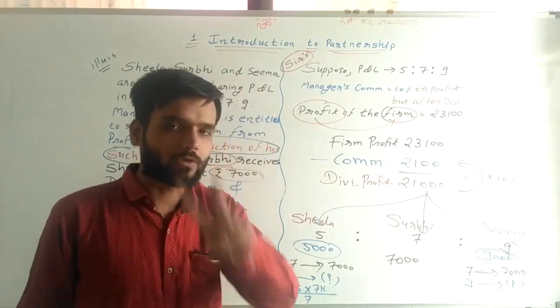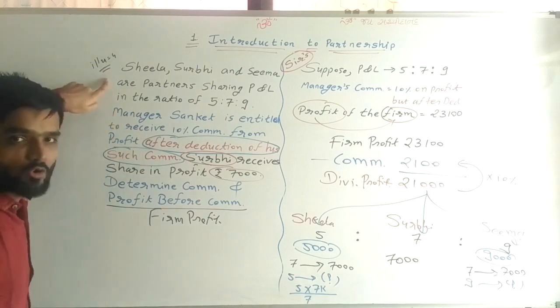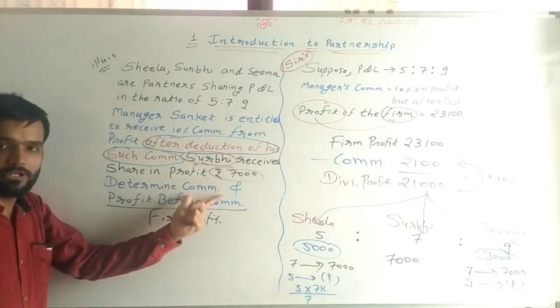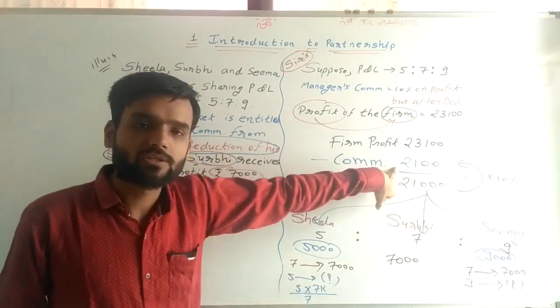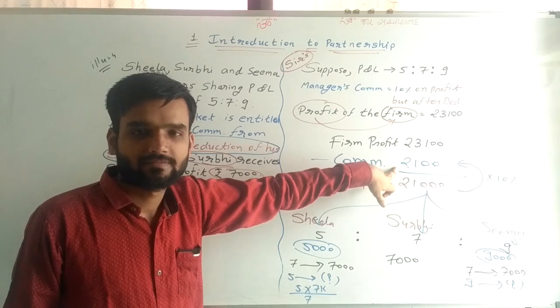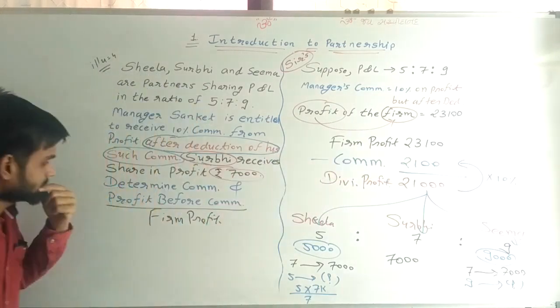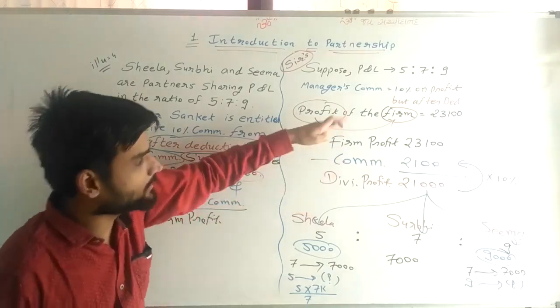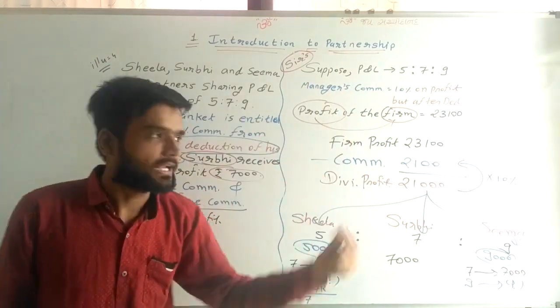Now, my 2 questions in illustration number 4: sir, determine commission. Commission is 2,100 rupees. Second, profit before commission means firm's profit. Profit before commission is 23,100. That is my answer.